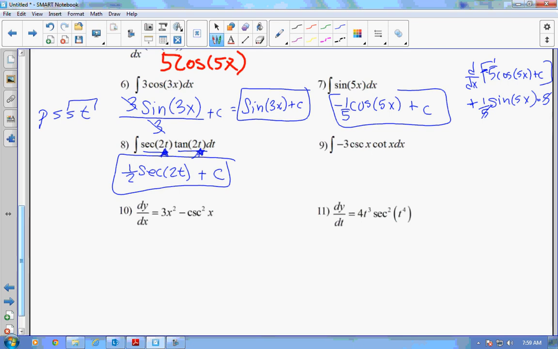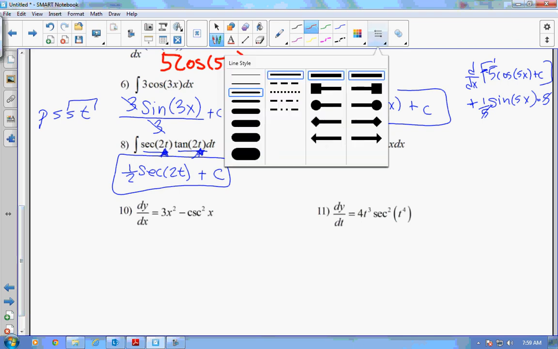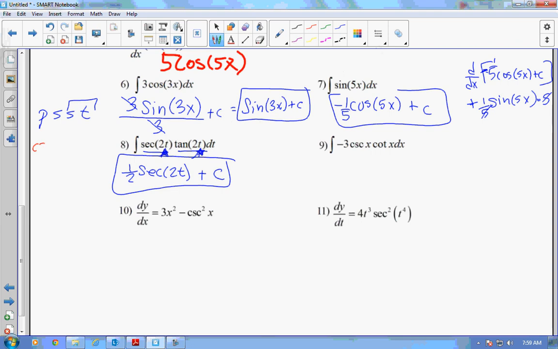Okay, now I saw a lot of you look this up in your chart. This is one I think you should know. It goes with the reverse of that. Instead of secant, secant tangent, it's cosecant, negative cosecant, and cotangent. So if we want the derivative to be cosecant cotangent, and there's even a negative, the integral is cosecant.